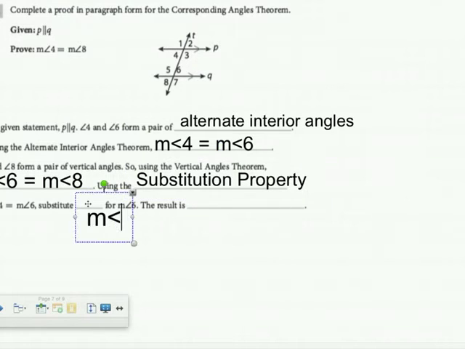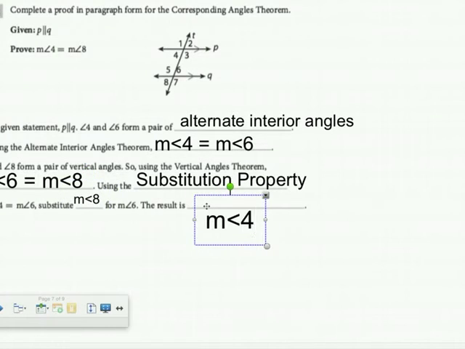And we're substituting the measure of angle 8 for angle 6. And the result is that the measure of angle 4 equals the measure of angle 8.